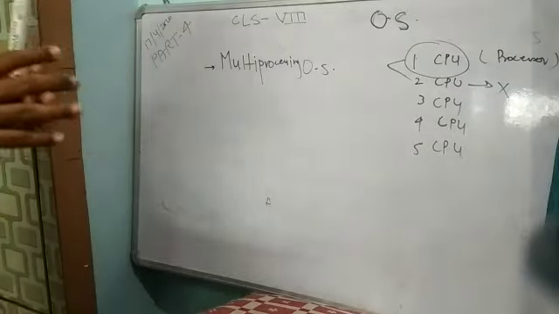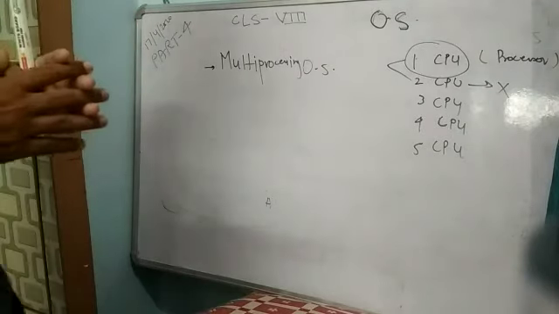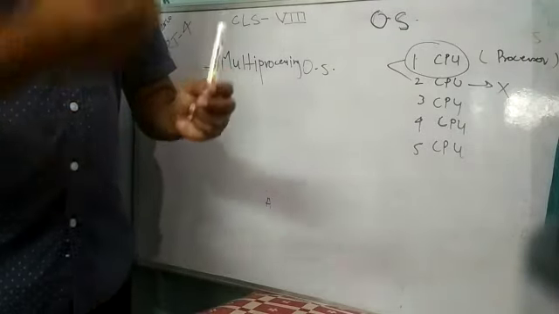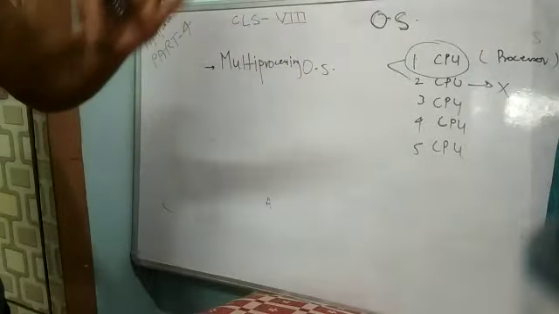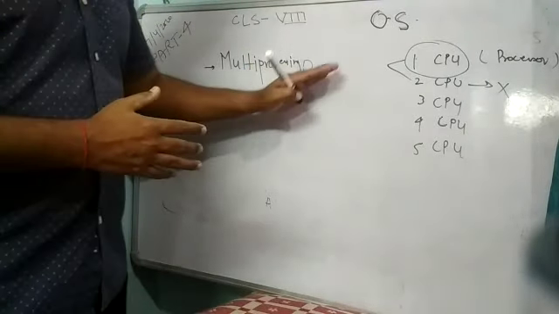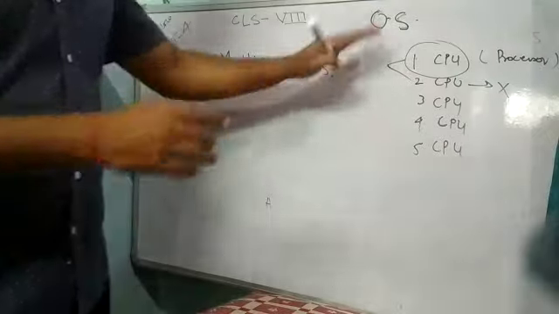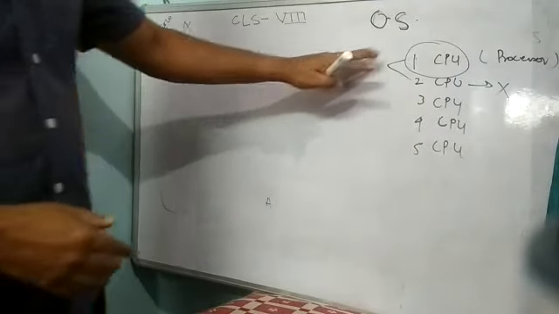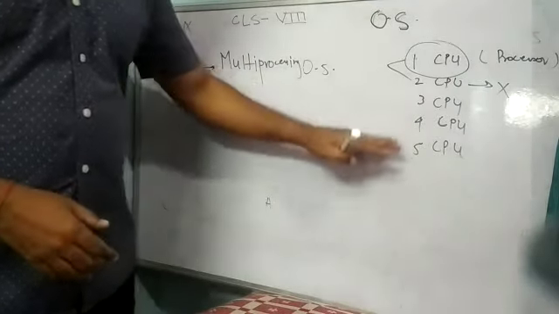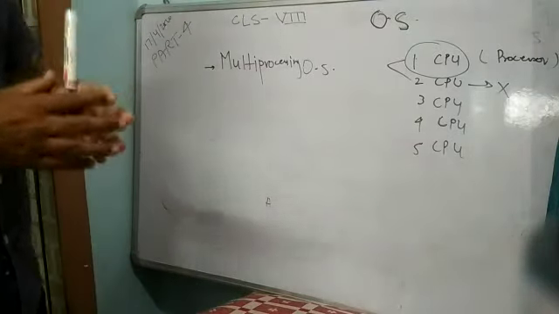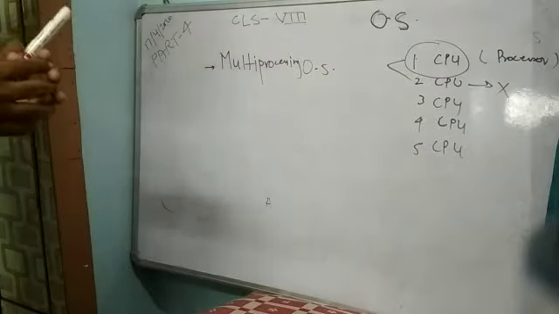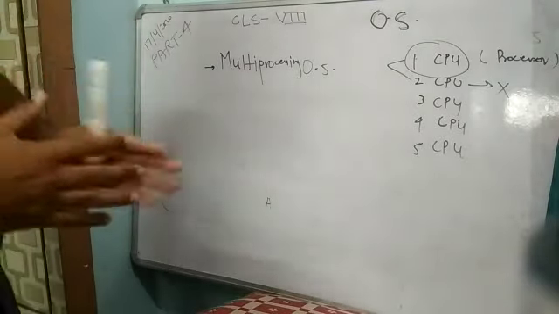I told you in past videos that the operating system controls the resources. Sometimes the operating system handles only one CPU, but here a multi-processing operating system handles more than one CPU, which means the architecture will be complex. So these are the two important demerits of the multi-processing operating system.